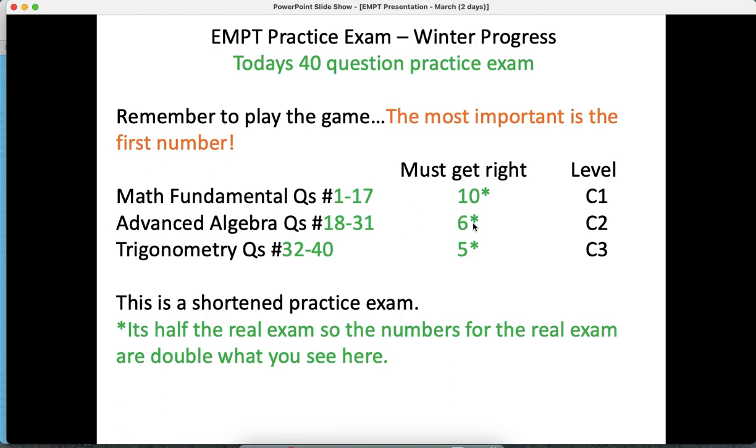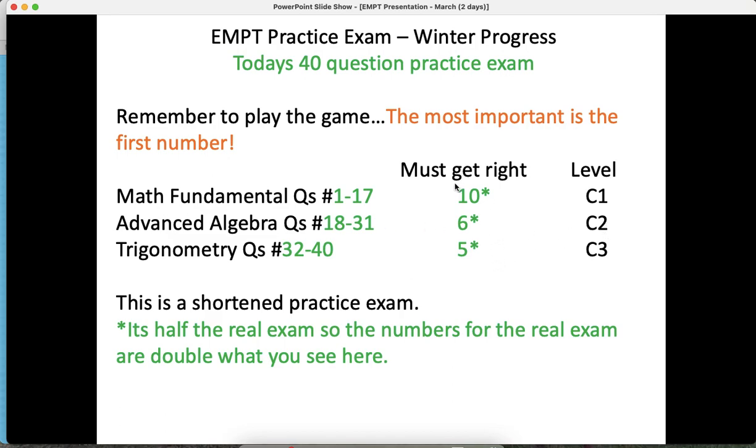So you need 6 of those correct to get to a C2 level. And then the remaining ones are questions about trigonometry. And you need to get 5 of those correct to get to a C3 level. And there's also a C4 level, and that just means you get more of the trig correct.